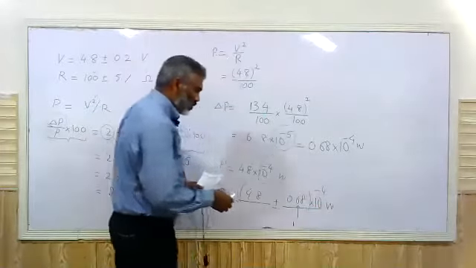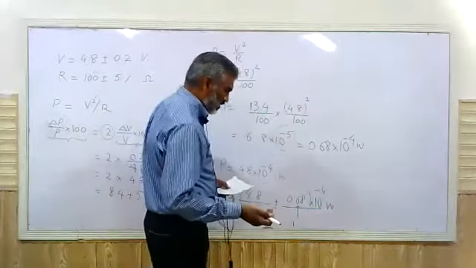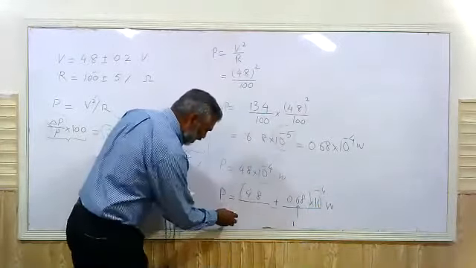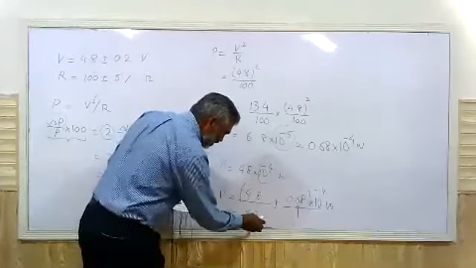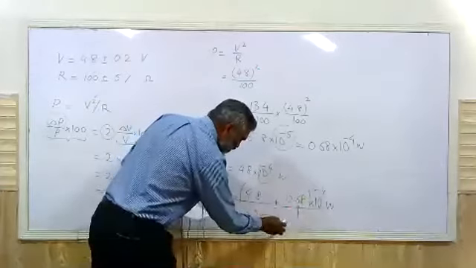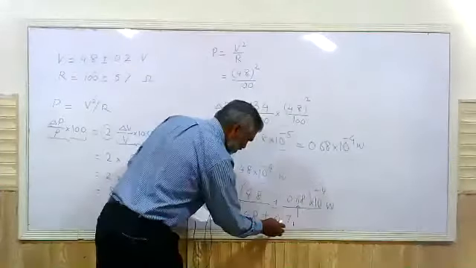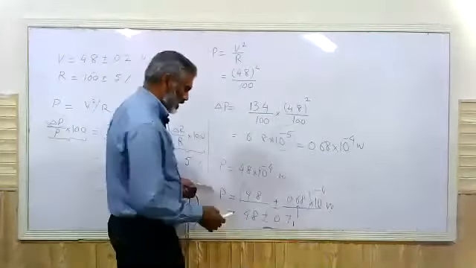So in the final answer, the adjustment that I was talking about is that I will write this as 4.8, of course, but this will be changed into 0.7. And this is simply the rounding off rule at work here.